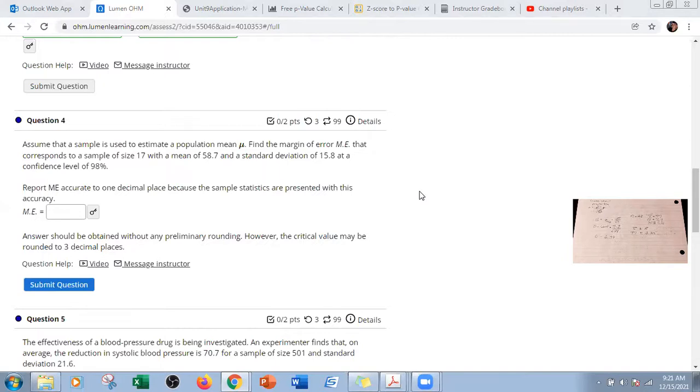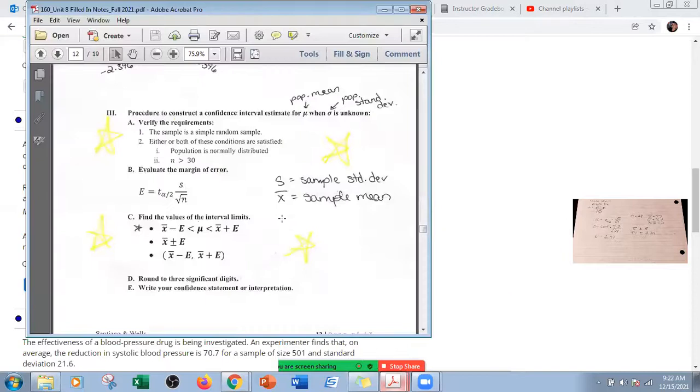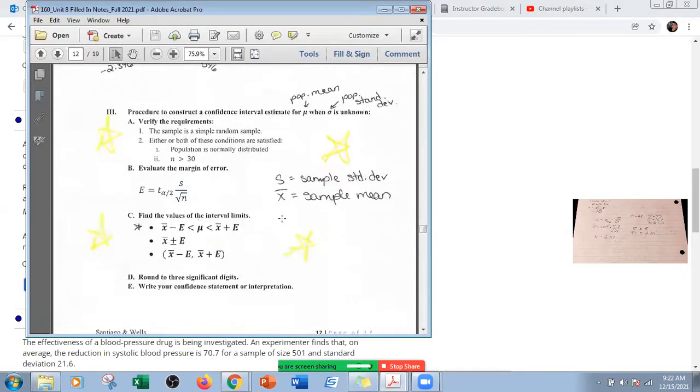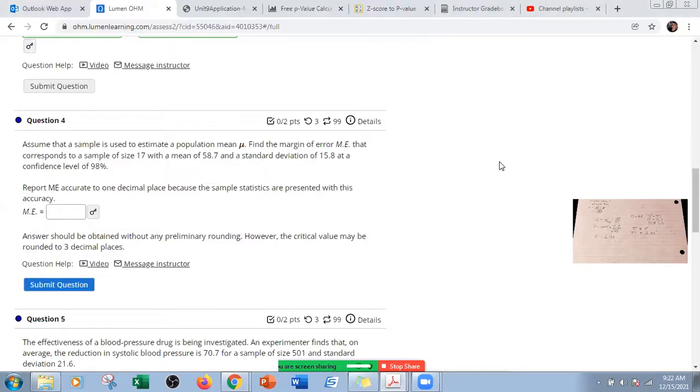Okay. Looking at mine, assume that a sample is used to estimate a population mean. So as soon as I hear that idea, assume a sample is being used to estimate a population mean, we're in this section here. So I'm looking at all of this content. So find the margin of error that corresponds to a sample size of 17.